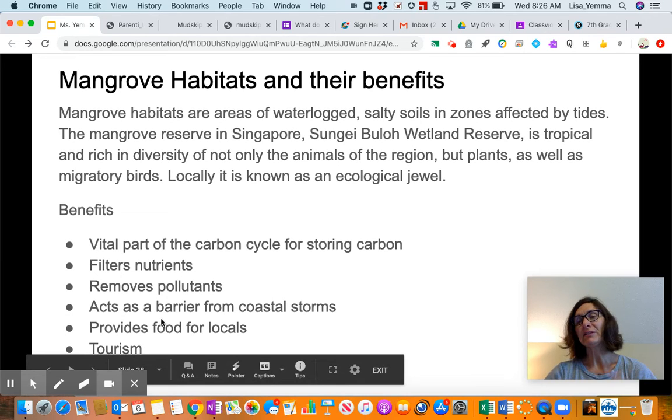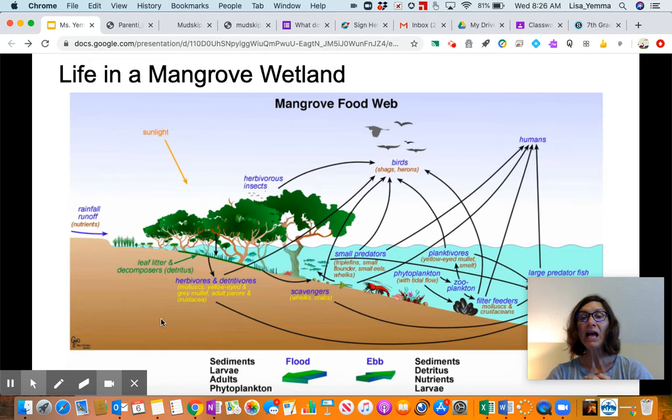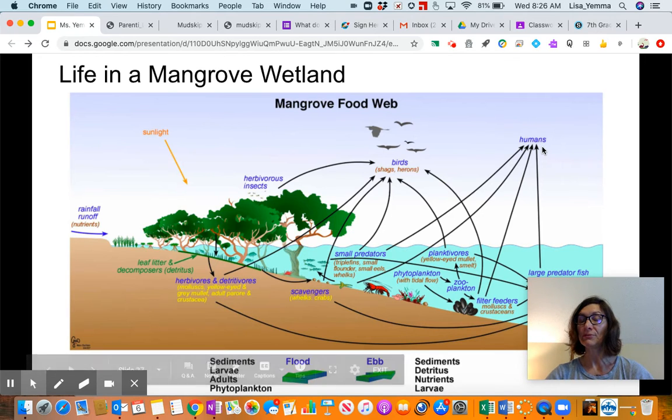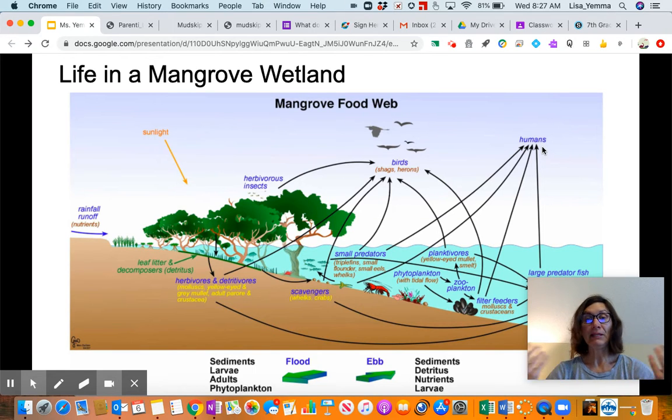One of the roles, if I'm in this ecosystem, you'll see humans here. Humans benefit a lot from healthy ecosystems. Humans that are like the local. So it wouldn't benefit this mangrove forest, this reserve, to farm a bunch of plankton, or a bunch of mollusks, a bunch of mussels, and sell them internationally, right?